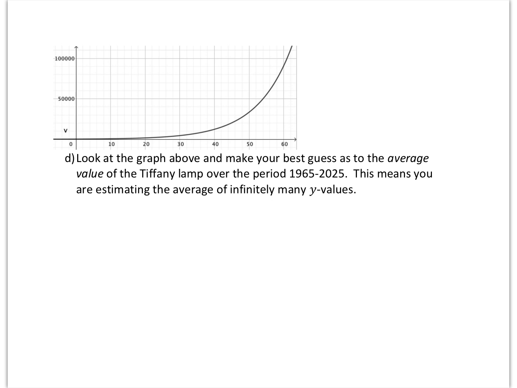That's a 60-year period. So I'm estimating the average of infinitely many values. I got estimates for just the beginning and the ending value. I averaged those. Then I took a point in the middle and I averaged those three. Then I took a few more points and I averaged those in.